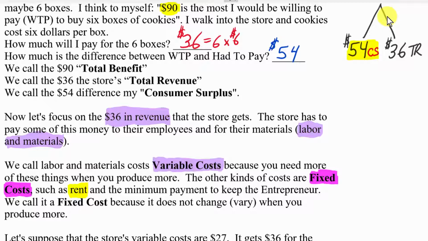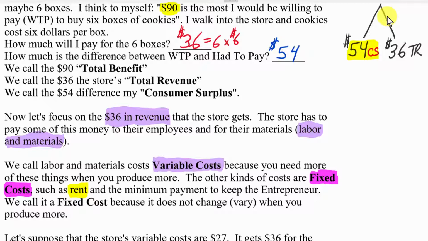Another important cost, though, remember when we talk about the factors of production, land, labor, capital, and entrepreneurship, one of those factors, entrepreneurship, they have to be paid, and some of the profit this business makes needs to go to the entrepreneur.